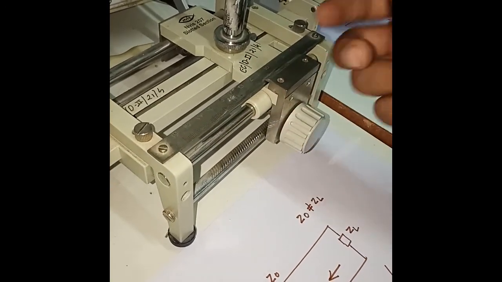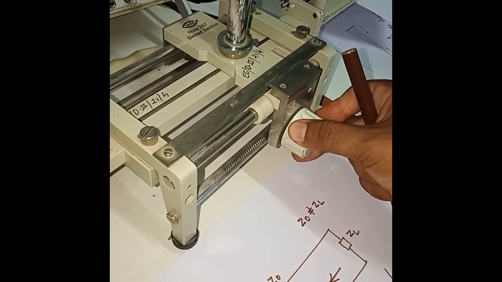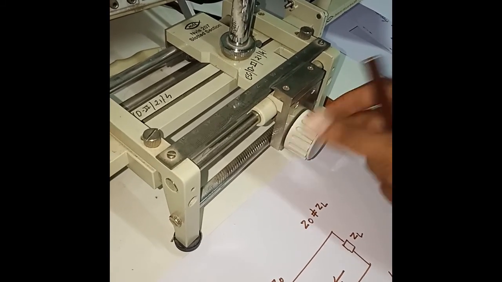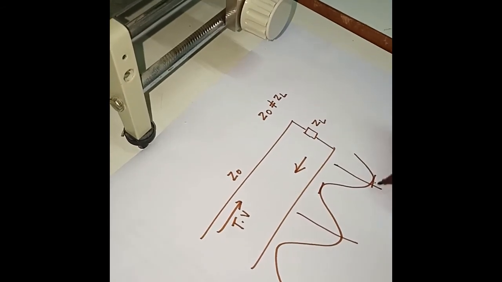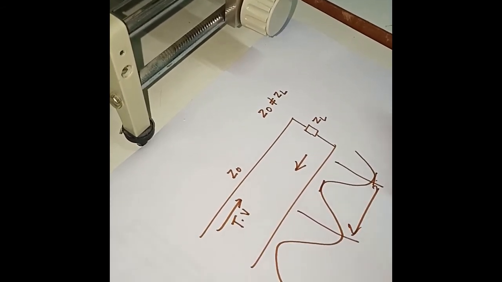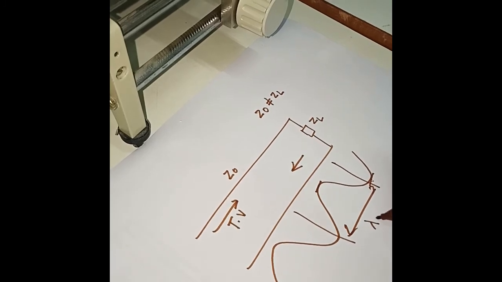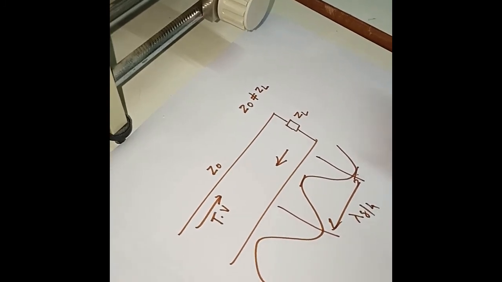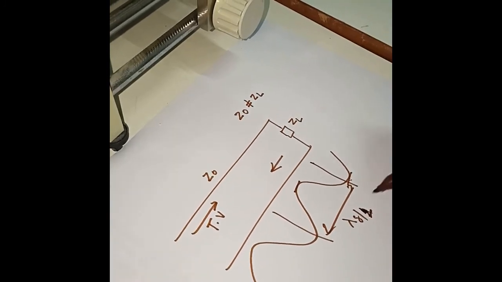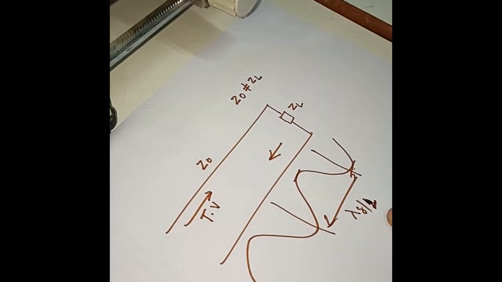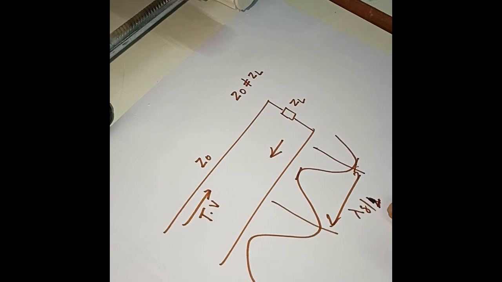The voltage level at each and every location will be different. And one more thing we have found in a transmission line is that the distance between two minima or two maxima will be equal to lambda g by 4. Sorry, lambda g by 2. The distance between two maxima or minima will be equal to lambda g by 2.